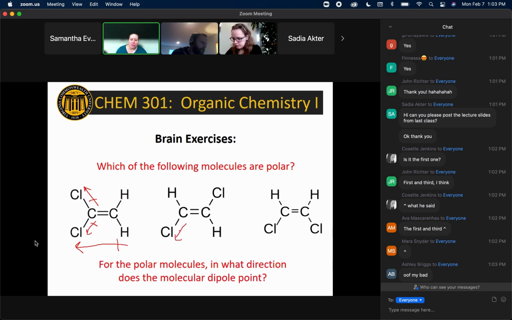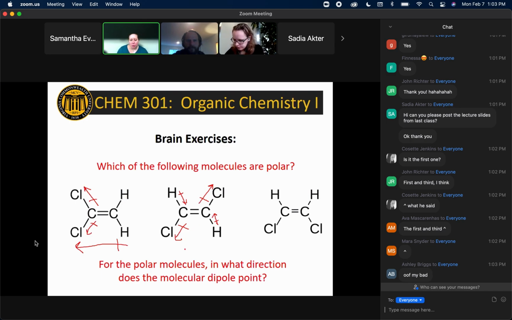What about this one in the middle? You have the same bond dipoles. And of course, there's other bond dipoles on the CH bonds too, but they're much smaller. Well, actually, let's go ahead and draw them in. So for the CH bond dipoles, they're going this way because carbon is more electronegative than hydrogen, but they're very small. And so what about this middle one?